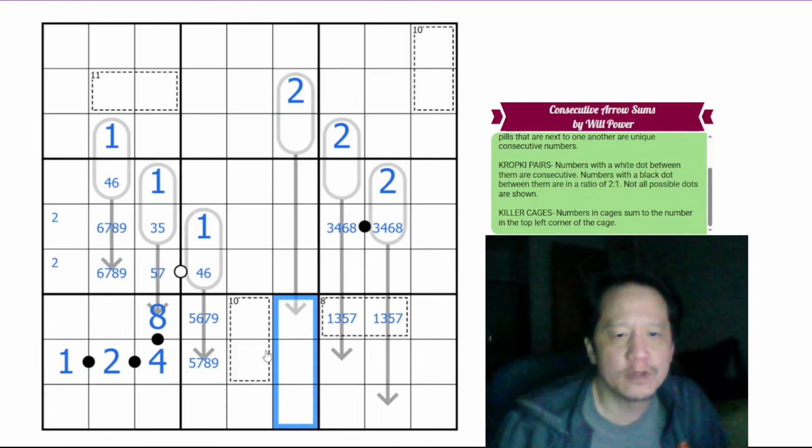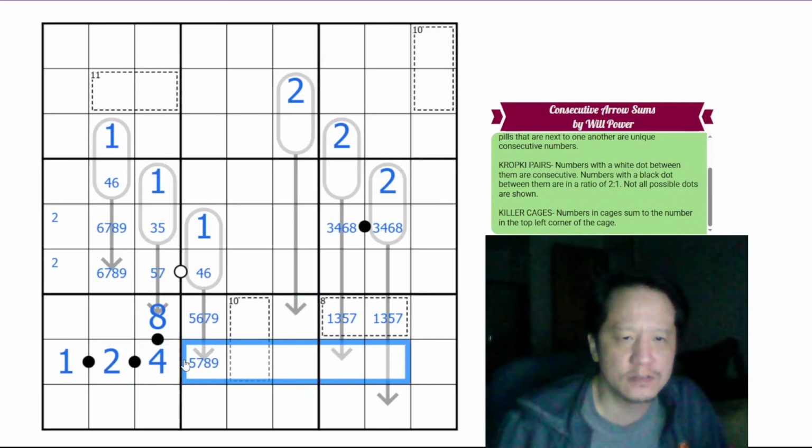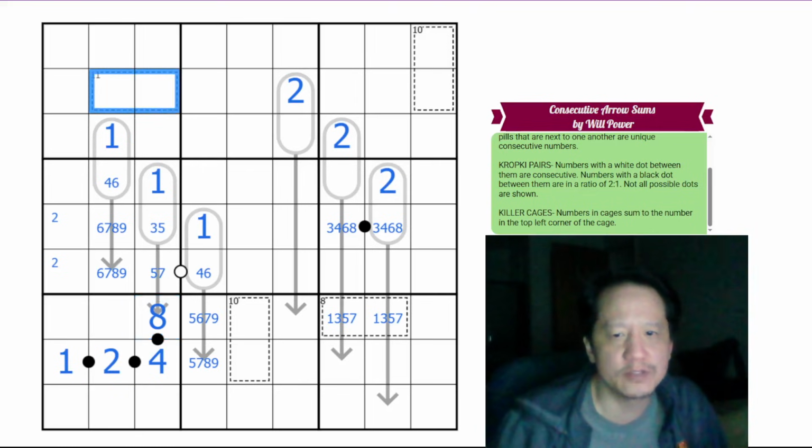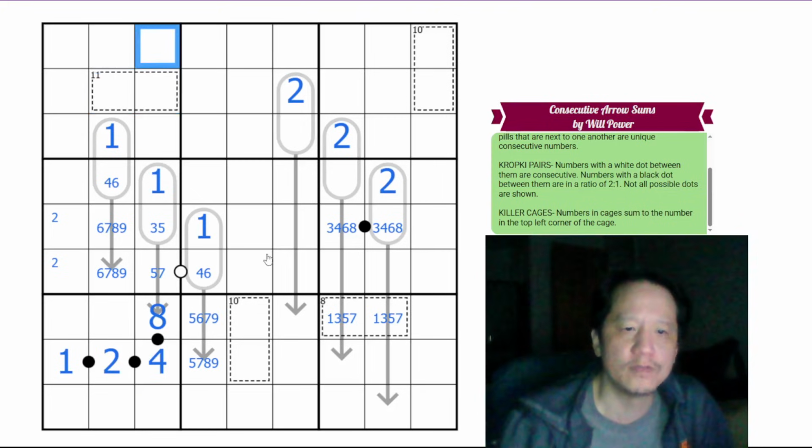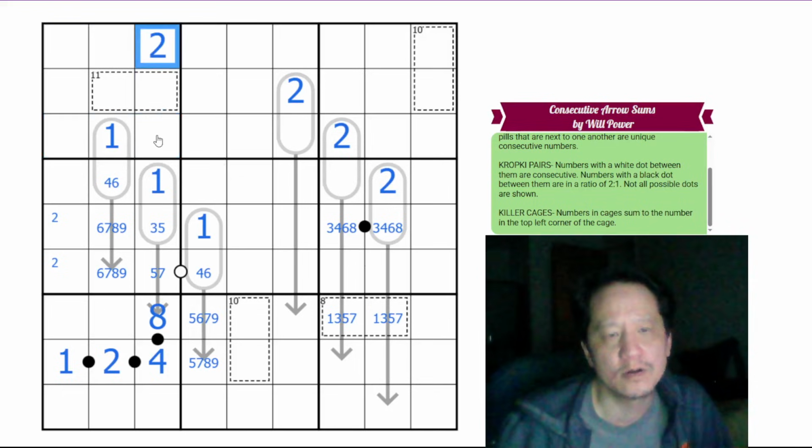Two cannot be here or here. Remaining digits, do I want to do it that way? This can't be 2 and 9 because of 2 in the row. 2 actually cannot be here because of 2 having to be one of these digits. 2 can't be here or here because of 2's in the rows. So 2 has to be there.